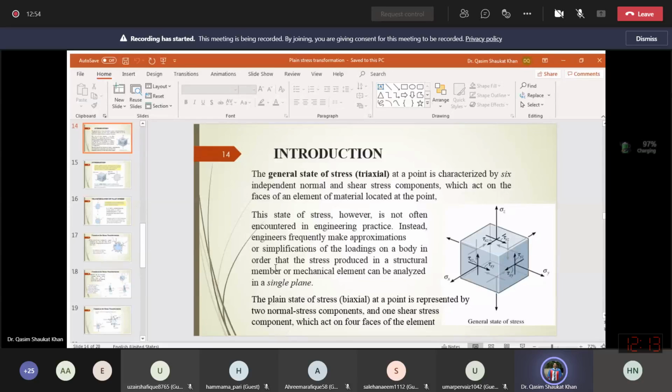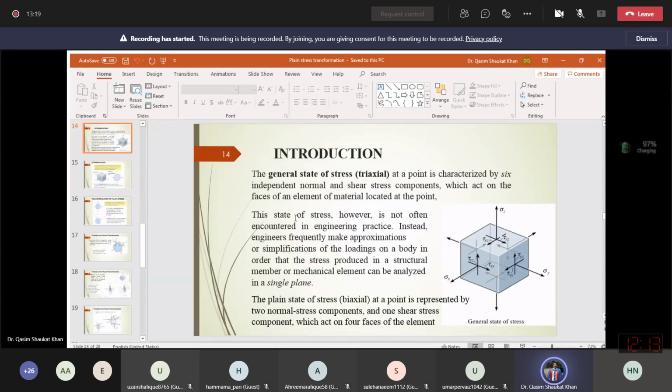The general state of stress, triaxial, at a point is characterized by three normal stresses and three shear stresses, which act on the faces of an element of the material located at the point. This state of stress, however, is not often encountered in engineering practice.